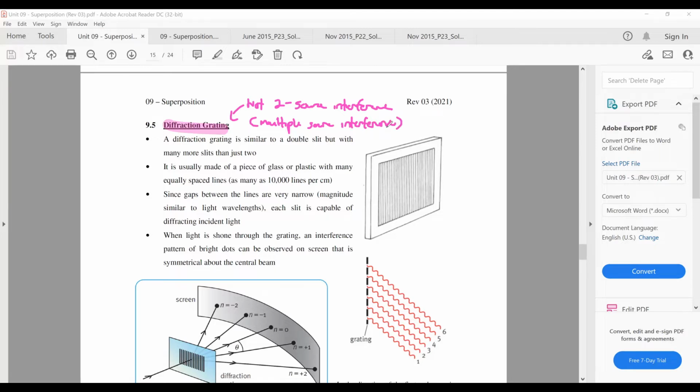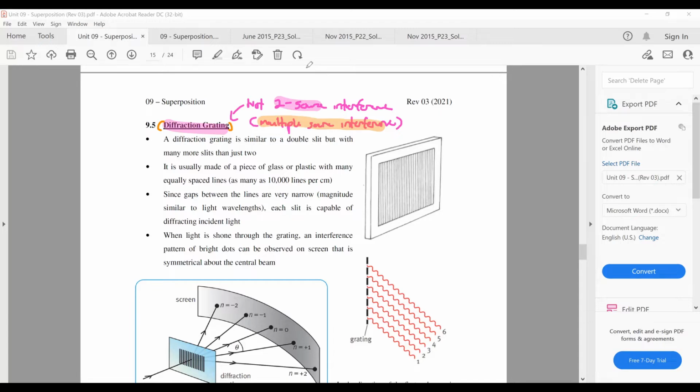The interference that you've learned so far before is all from two sources only. But when it comes to diffraction grating, you're also talking about the interference formed by them, but this time the source is not limited to only two sources. It actually comes from many different sources.